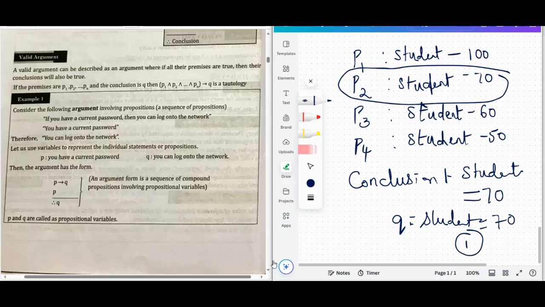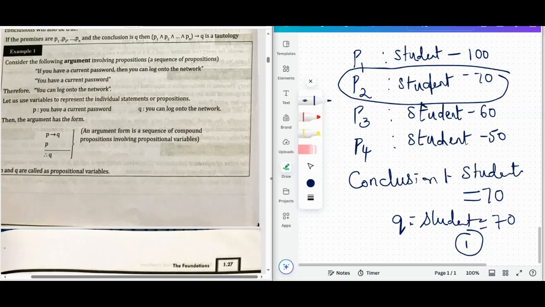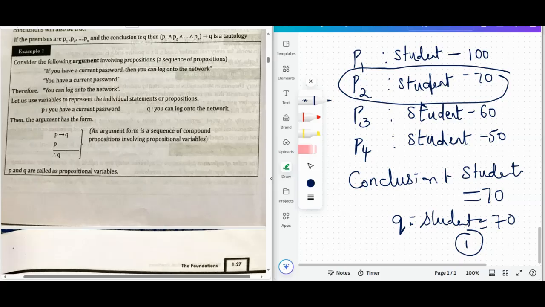For example, if you have a current password, then you can log into the network. Here P will be you have a current password, and Q will be you can log onto the network. So what will be the argument?